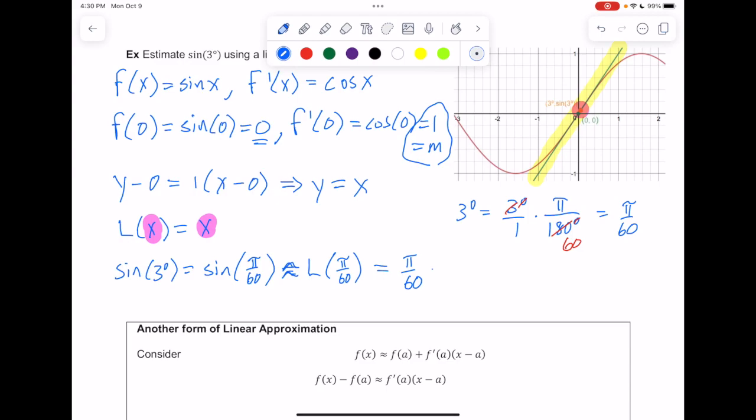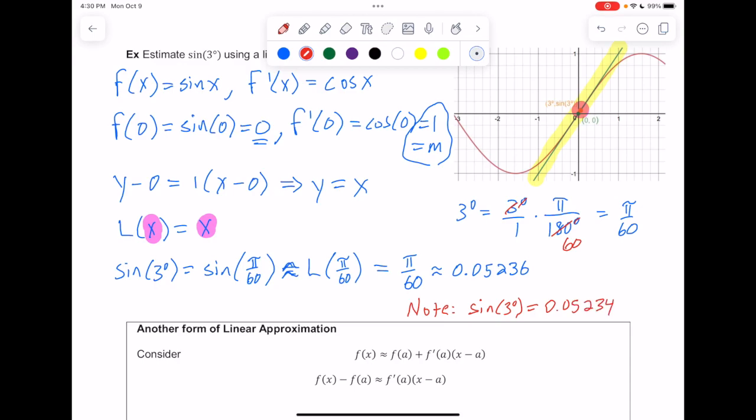Now if we plug pi over 60 in on our calculator just to see what that is as a decimal, it's 0.05236. And if we were to plug sine of 3 degrees into our calculator to see what the exact answer is, we would get that sine of 3 degrees is equal to 0.05234.